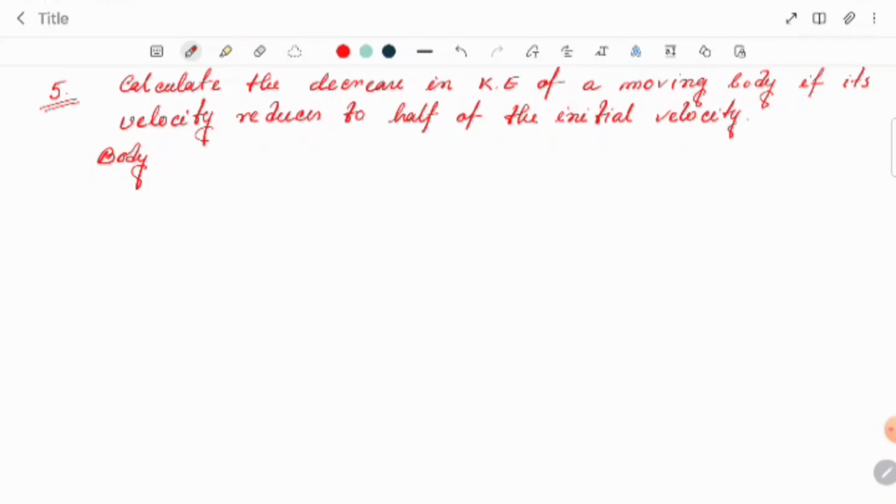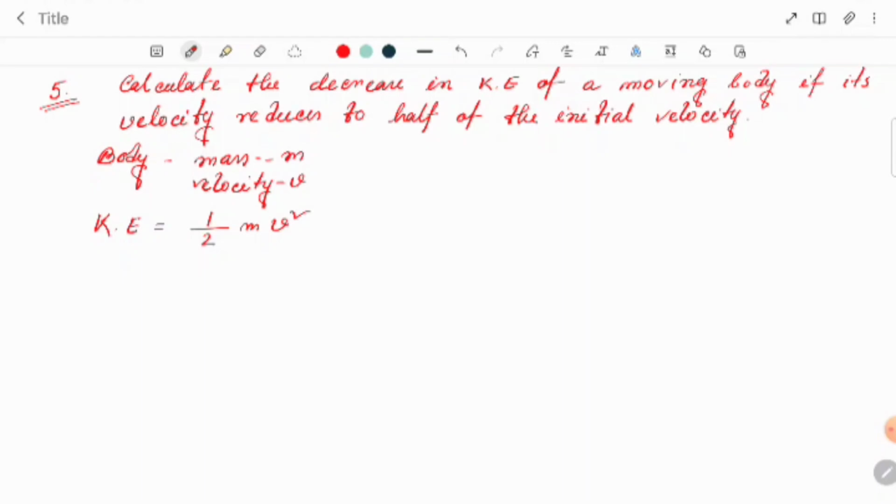mass m, velocity v. So we can say that the kinetic energy will become half m v square. No problem with this one.